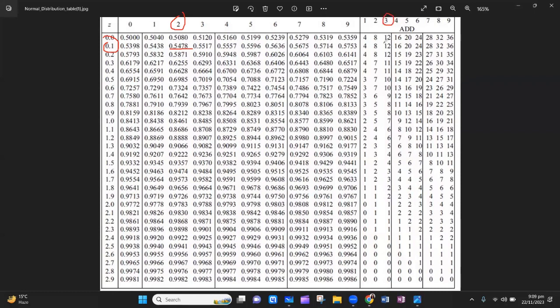So you have to add 12 to the probability that you got earlier. 0.5478, add 12 to the last two numbers. So 0 here, 9 here, 4 here, 5 here, and 0.5490. That is the answer.